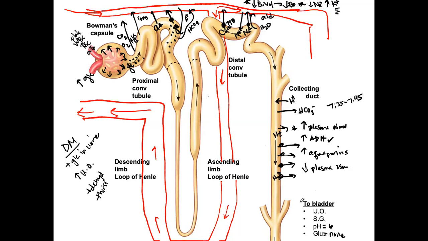Okay, the line of thinking here is if you're pulling water back in, what happens to water getting kicked out? It drops, okay? So if you have a high plasma osmolarity and you're releasing ADH, you're reabsorbing water.